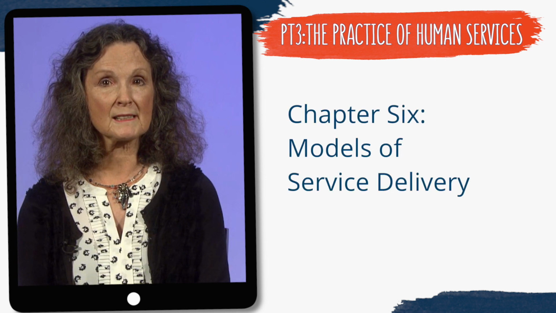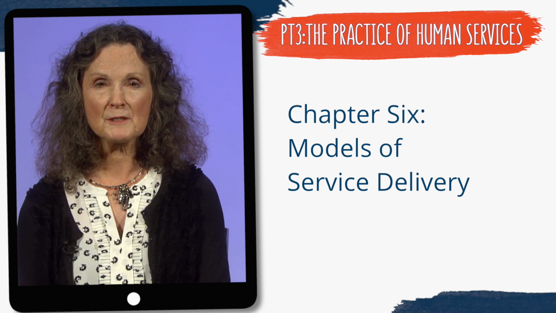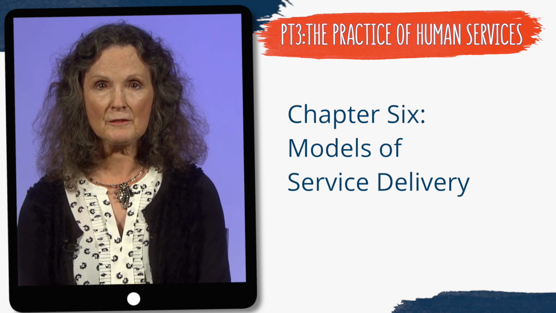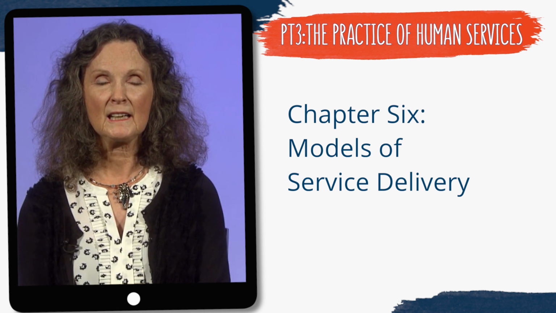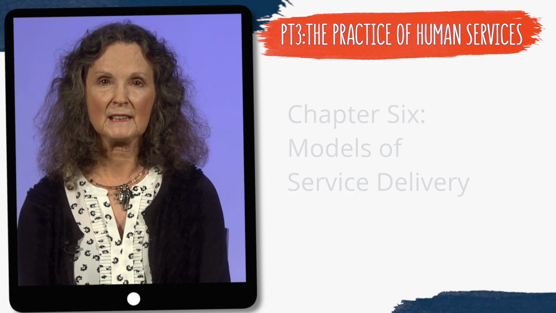In Chapter 6, Models of Service Delivery, we present a revised model of human service delivery and introduce a case study focused on the use and abuse of prescription drug pain relievers across the 3 models of service delivery. The human services model is expanded to include a wellness and strengths perspective.